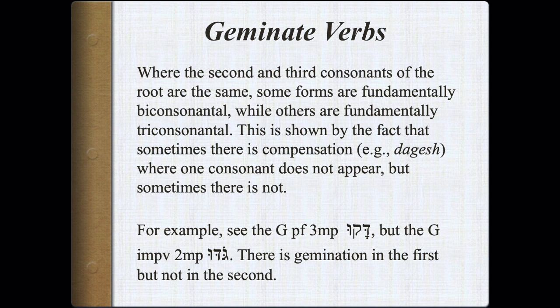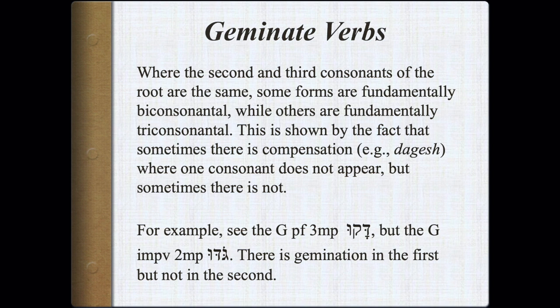For example, a dagesh, which indicates a doubling of the second consonant, where one consonant does not appear. But sometimes there is no compensation. For example, in the G perfect third masculine plural of the root dakak, the kof appears without a dagesh.